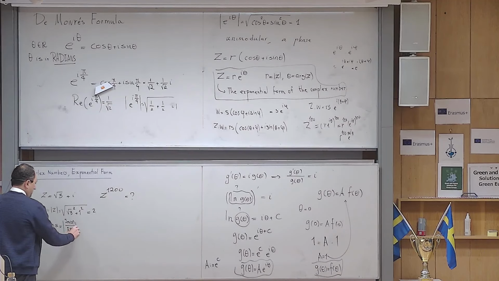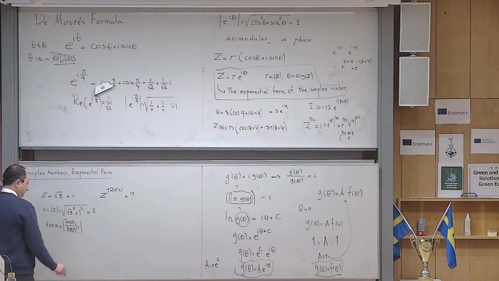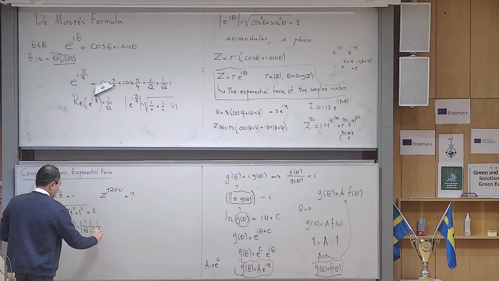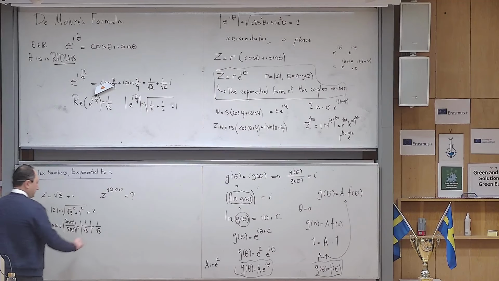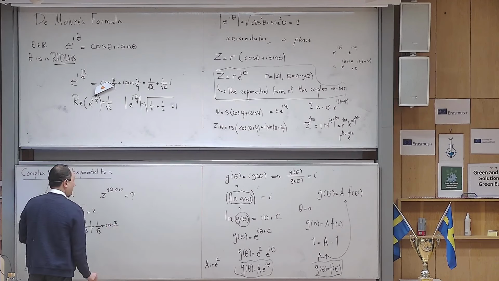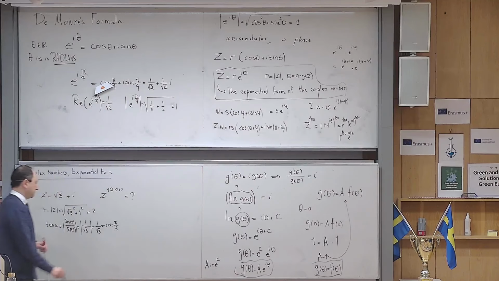So the imaginary part is 1, and the real part is this one. This is one of the famous numbers, I have it in my memory. So alpha becomes tangent inverse of this, which is pi over 6.